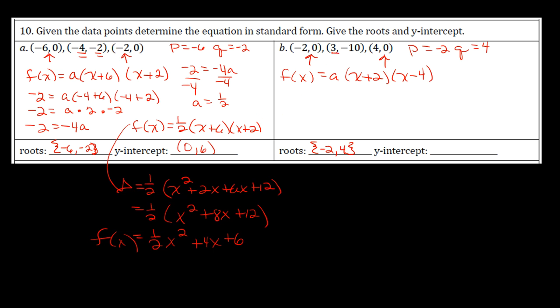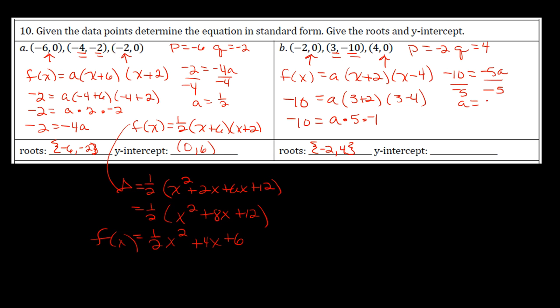We're going to plug in 3 for x and -10 for f of x. We're going to simplify the right side. Five times -1 and solve. A equals +2.